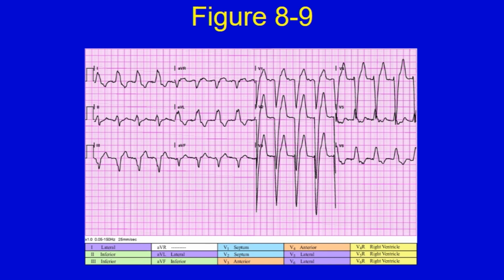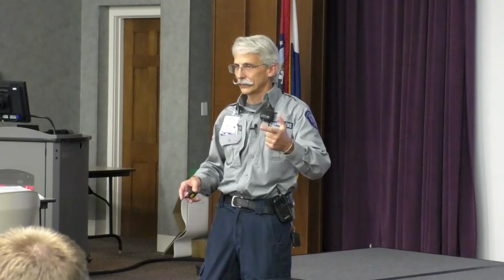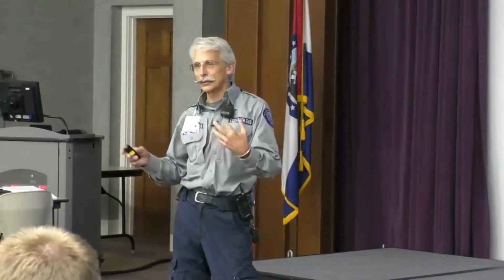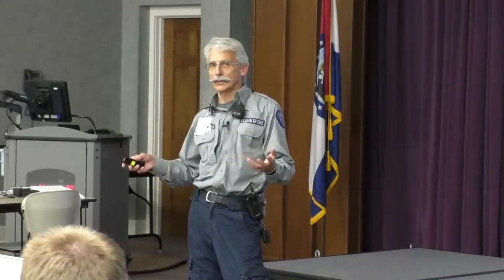Could it be AFib? Sure. It can be an atrial rhythm. So you should be looking for P waves and for width. And with those in place, I can now say this is a bundle branch block.